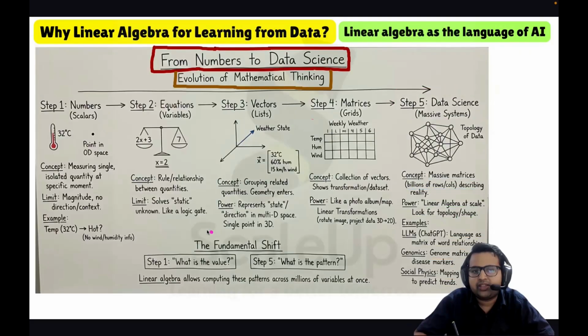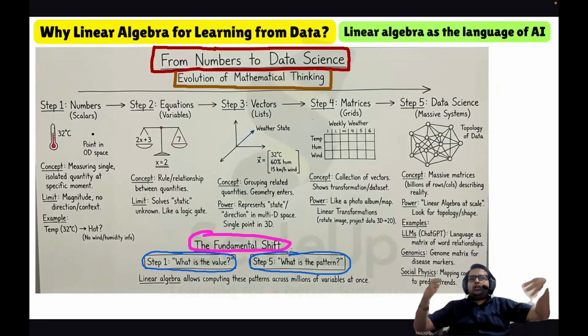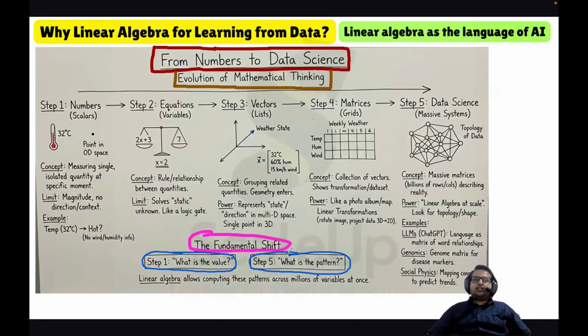Now we can see the fundamental shift. We started our mathematical thinking by asking questions like what is the value, and moved to asking what is the pattern. Because in the modern world, mathematical thinking is not about measuring individual quantities; rather, it is about measuring and analyzing the entire system.